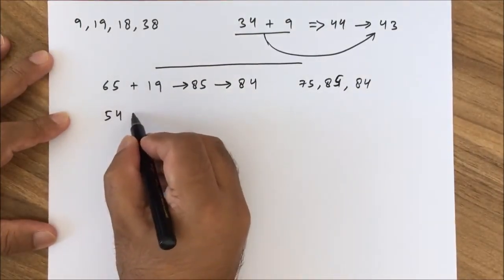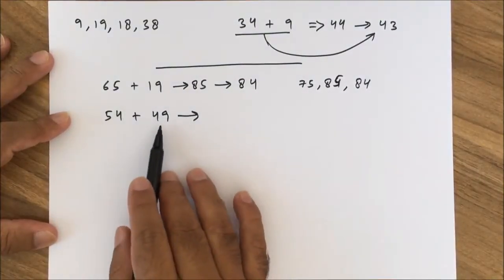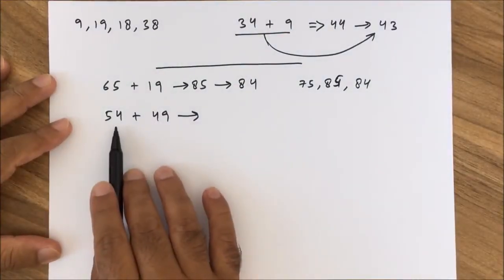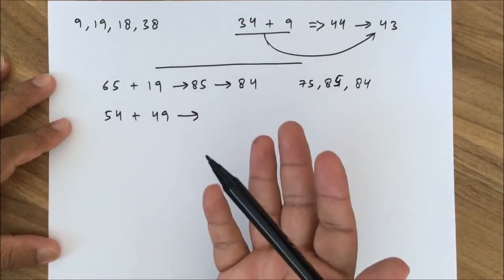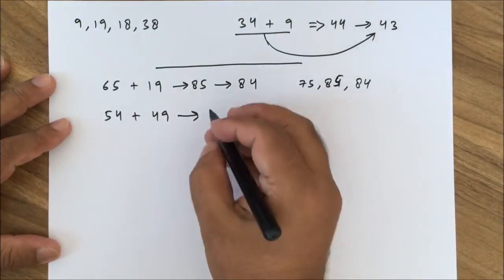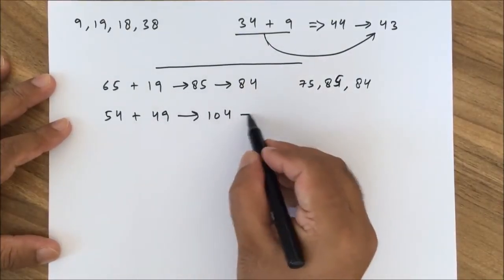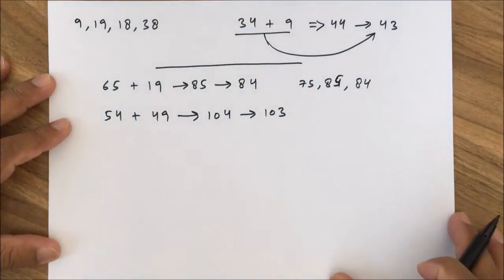So 54, let's say, plus 49 we want to do. You know 49 is near 50, so you will jump 5 times. This is 54, 64, 74, 84, 94 and 104. So you jumped 5 times and then take away 1. It will become 103. That's your answer. That should be natural.